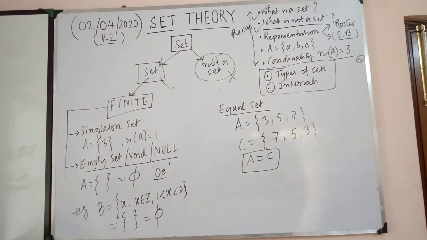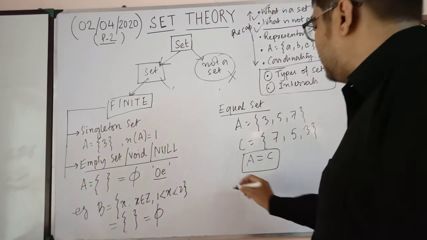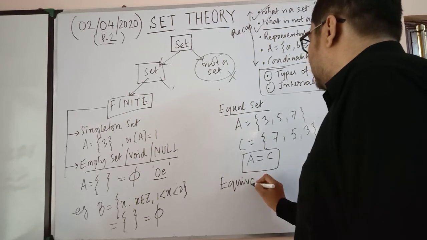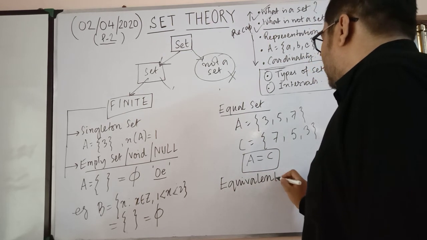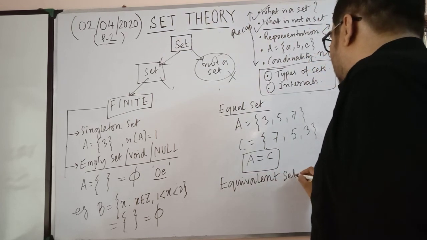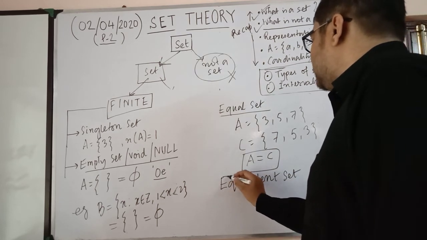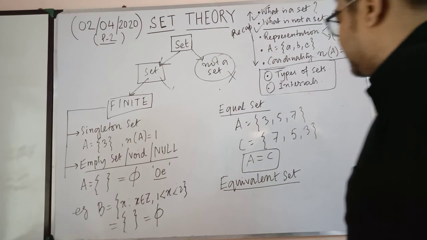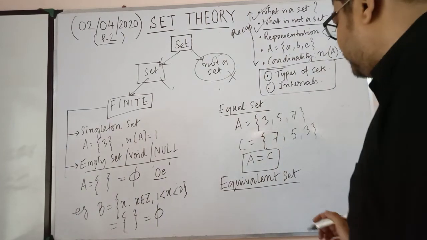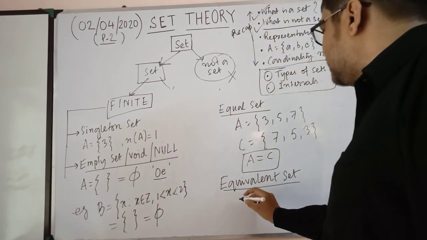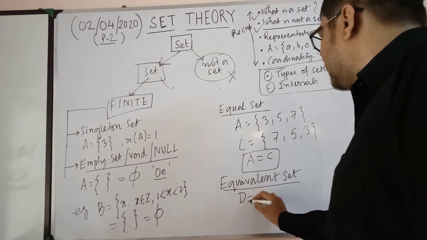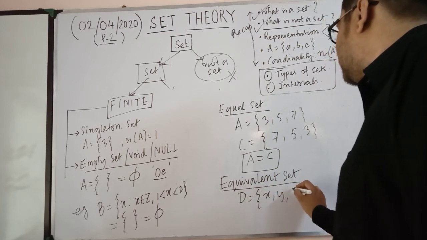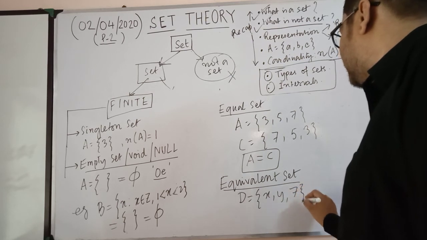The next category is very interesting. We write them as equivalent sets. Now if I discuss another set, say D, with elements X, Y, Z, so 3 elements.